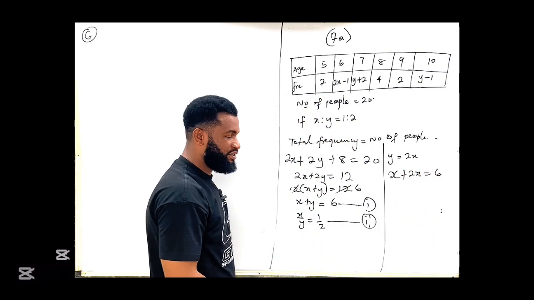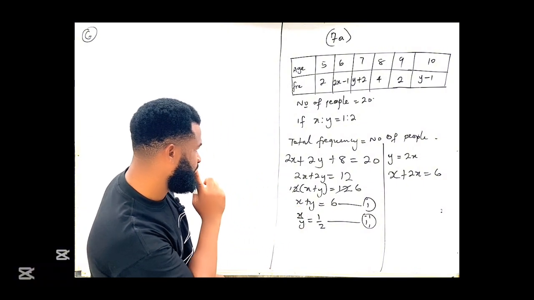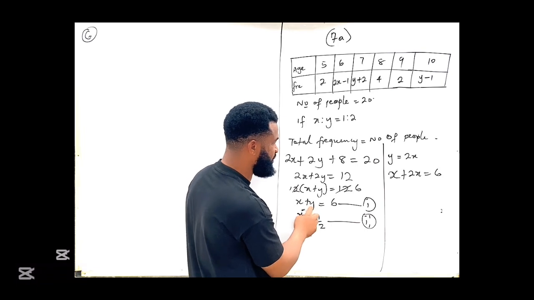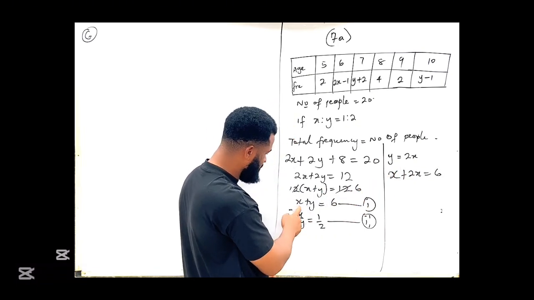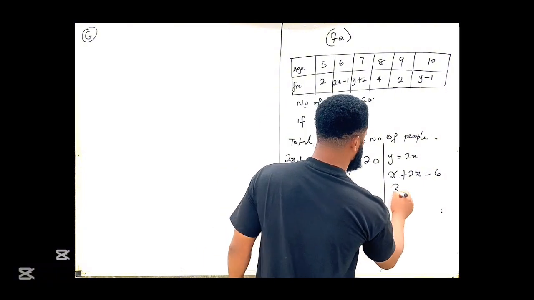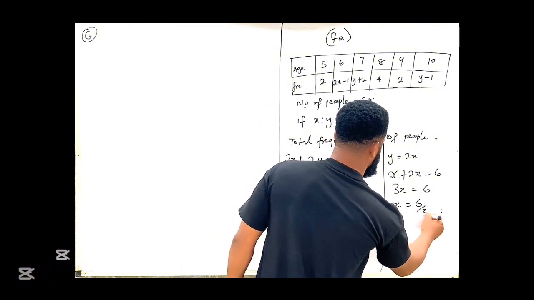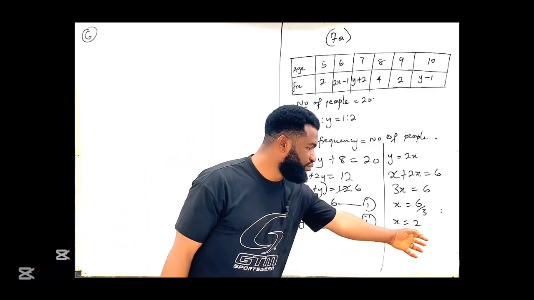You know now, what I mean is, this is y, and this y is representing 2x. But the x is there, so I have x plus 2x. So this is going to be 3x is equal to 6. x is going to be 6 over 3, and x is going to be 2. So x is 2 in this case.